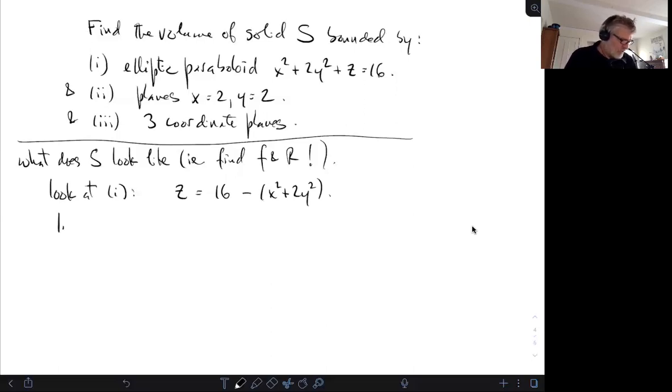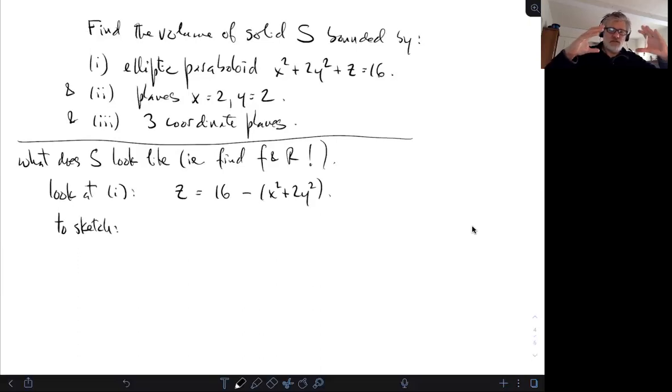To sketch this, here's how I do it. First of all, this thing is just some function shifted up by 16. The plus 16 just shifts up the whole graph, so that's nice and easy. Then you have that minus sign.